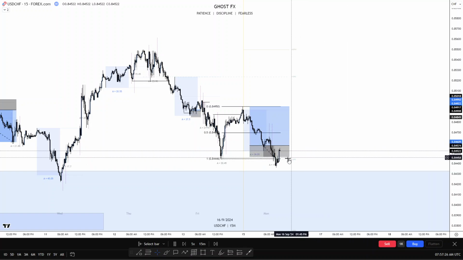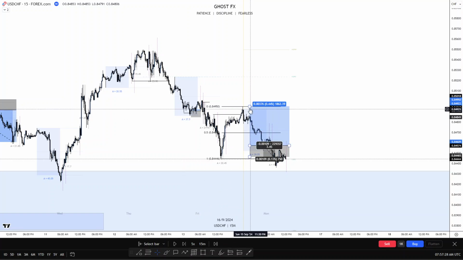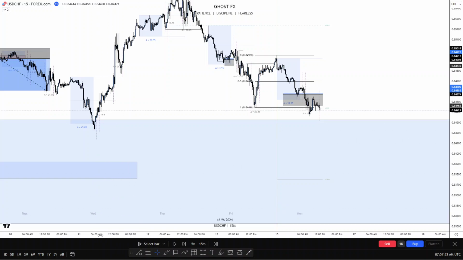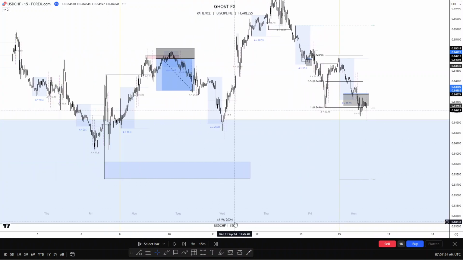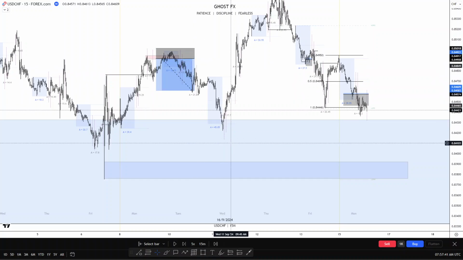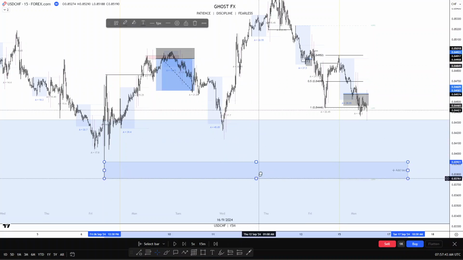Pause. Remember, all these are counter trends, so it's normal. So now we have this extreme zone here, and we have, oh no, this went to break that, so we can look into this.